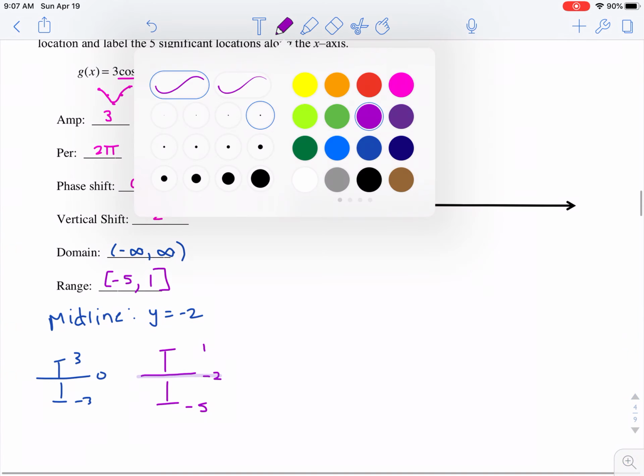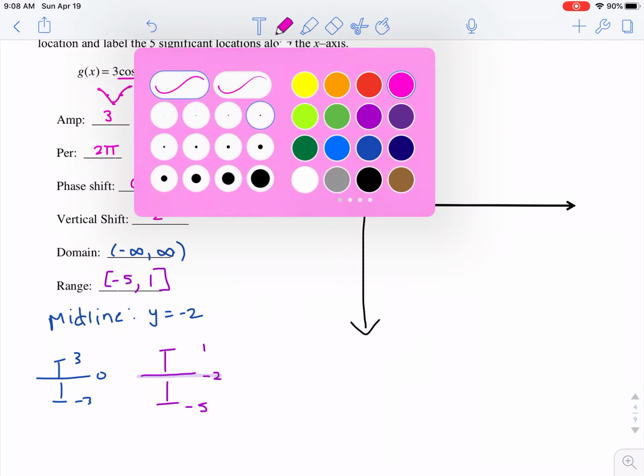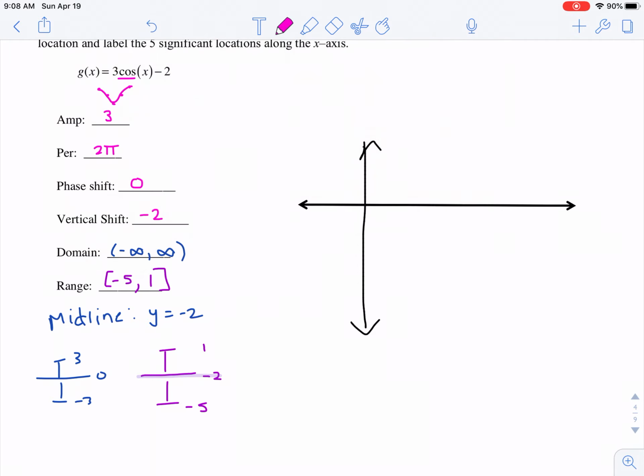So when I put my y-axis on here, I want to make sure that all of that I just described can be seen. So I'm going to make sure that I go up to 1, 1, 2, 3, 4, 5, all the way down to negative 5.